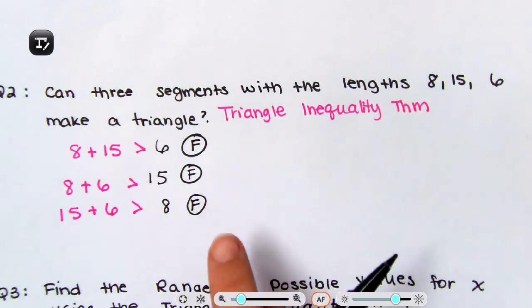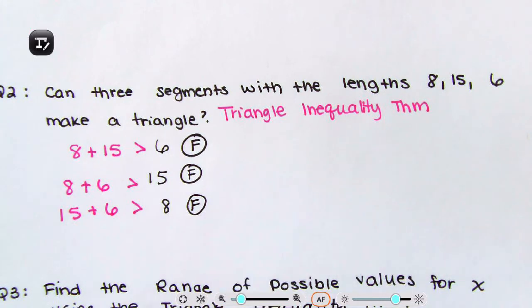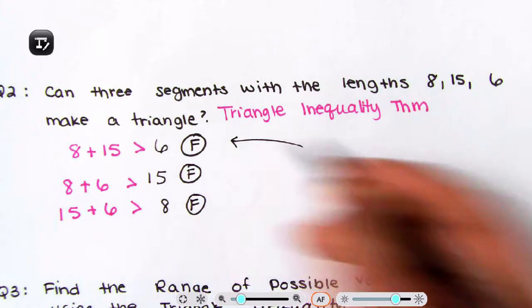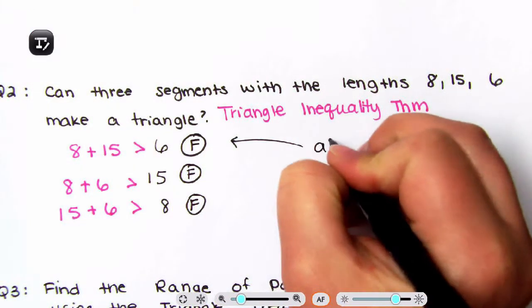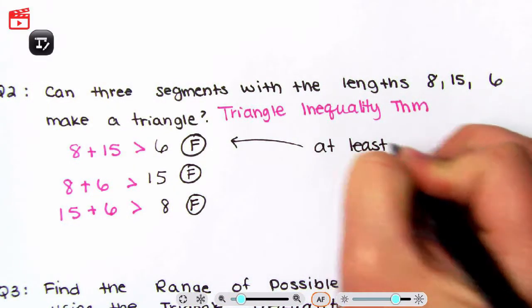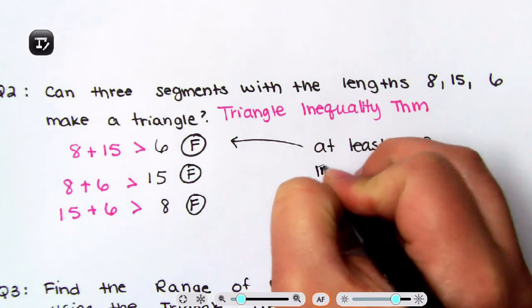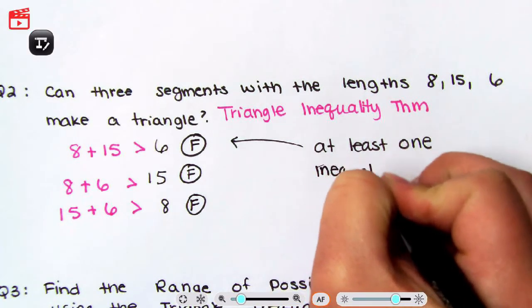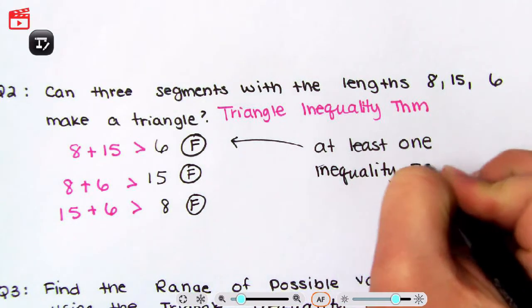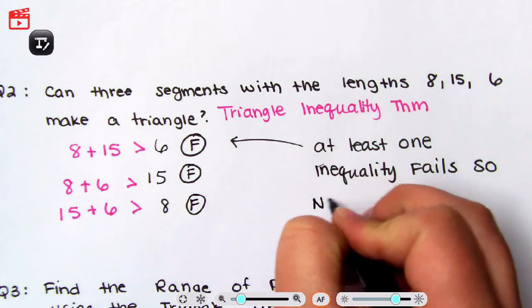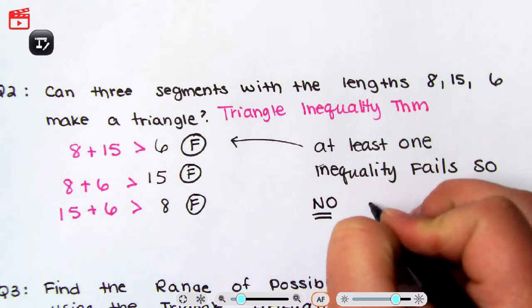Yes, all 3 were false statements, but you only need one. At least one inequality fails. So, no, you cannot make a triangle.